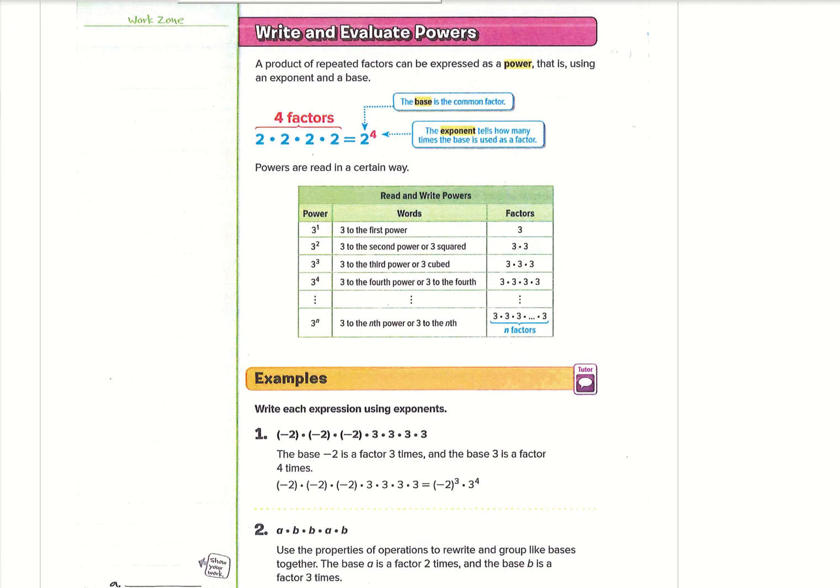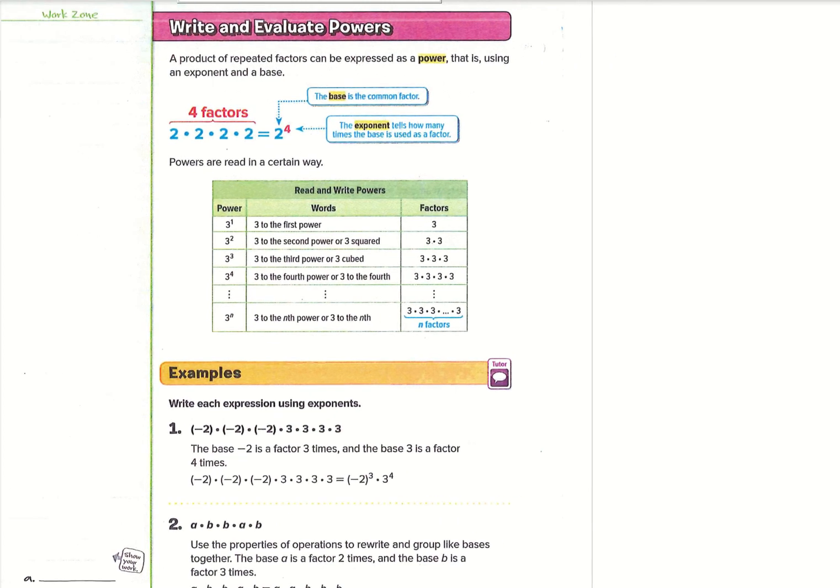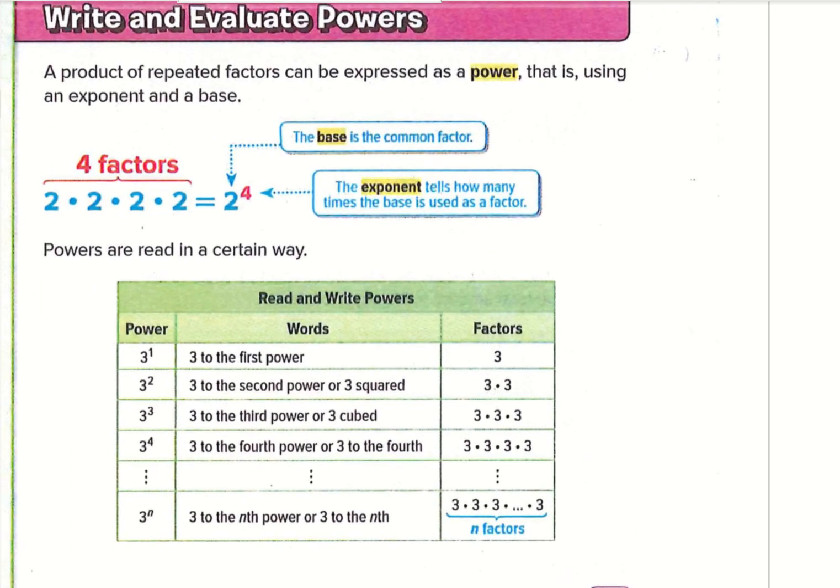Okay, so for 1.2, we're starting with powers, which is dealing with exponents. Some important things to know here is that when we say powers, we're talking about, like for this example, powers of 2.